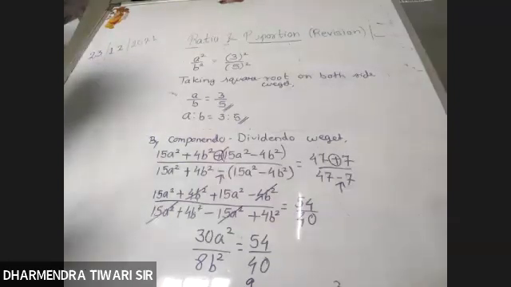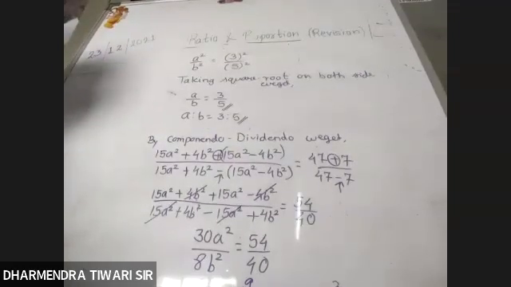Now, the second part is 7a minus 3b upon 7a plus 3b, that you can easily solve. We have done it in the first question. We are having square part as well as cube part. We have done the square part, but in this case it's a bit different. We are having a subtraction sign above and a plus sign in the denominator.